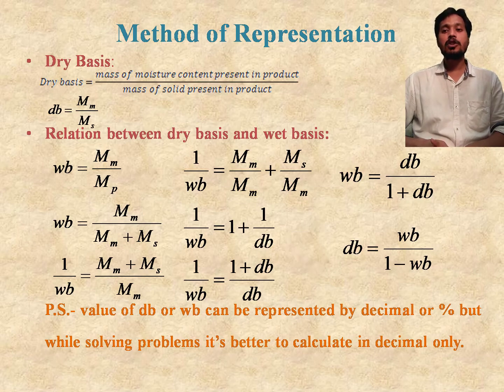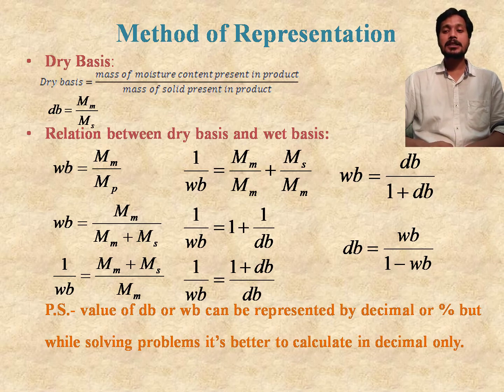But while solving numericals, it is always suggested that you put the values of WB, dB or moisture in decimal. Don't put the values in percentage. So while solving numericals, keep in mind that WB or dB values should be in decimals.